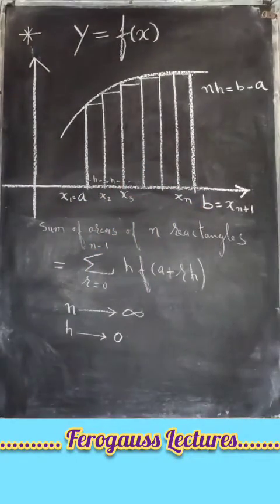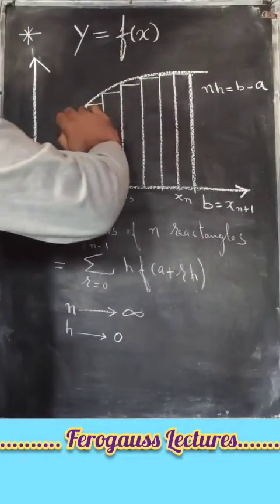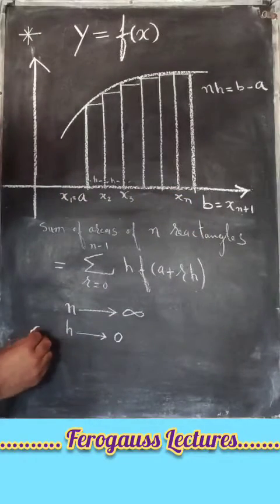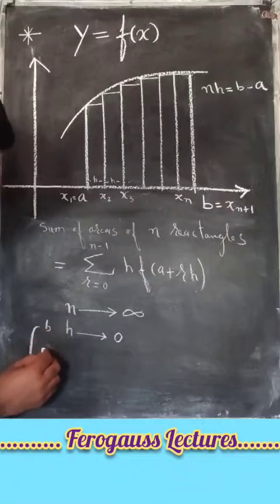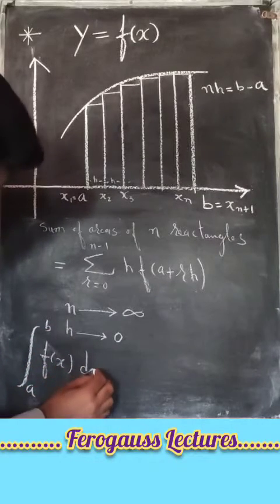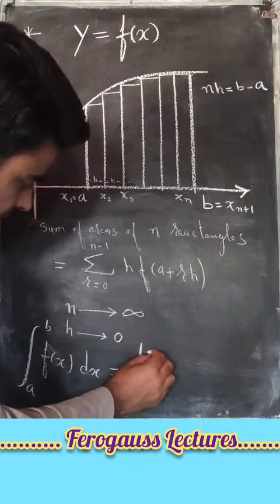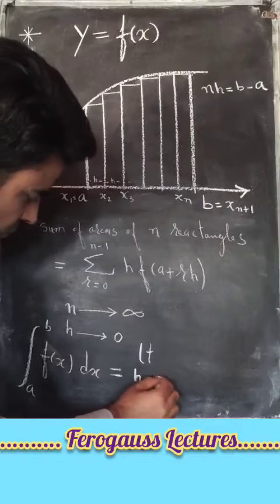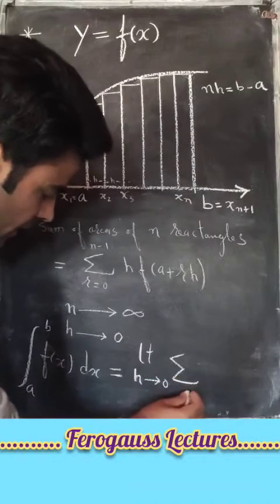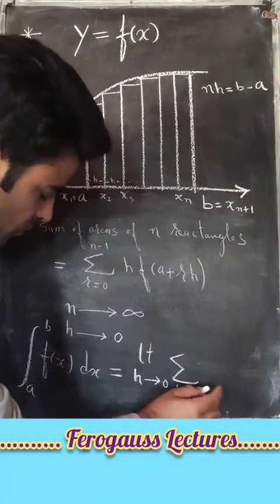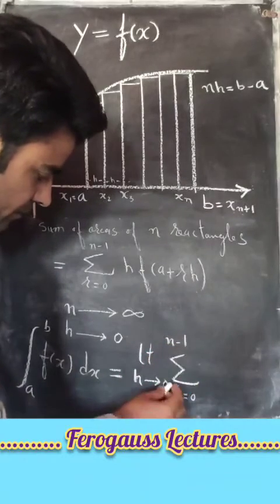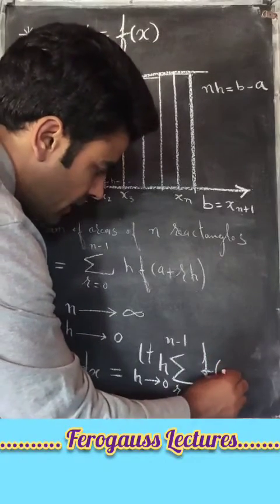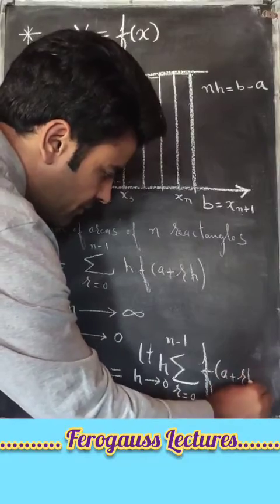So we can write area under curve y is equal to f(x) between points a and b, that is integral a to b f(x) dx, is equal to limit n tends to infinity or h tends to 0, summation r running from 0 to n minus 1, h times f(a plus rh).